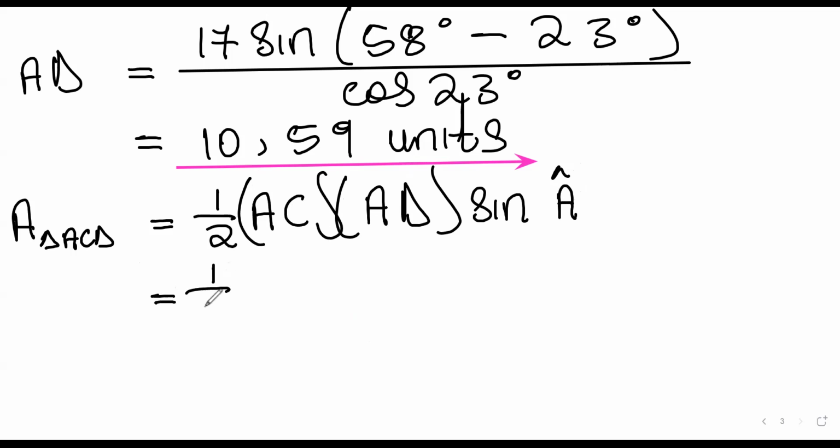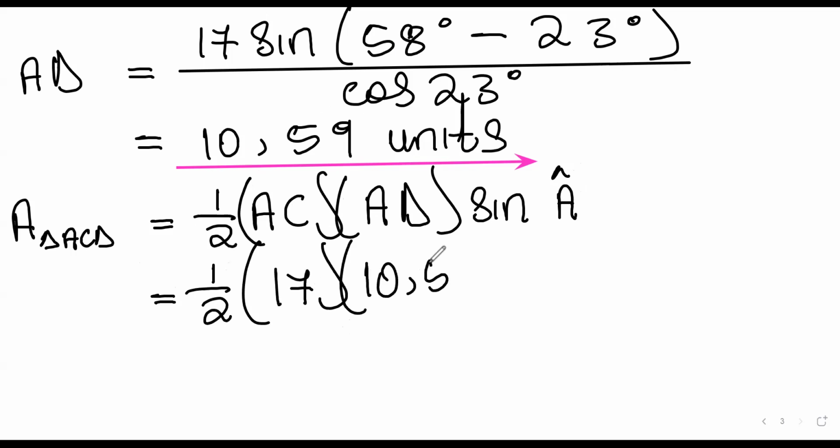There is no mark for the formula. But AC is H, and H is given to us as 17 units. AD, we just found it now.